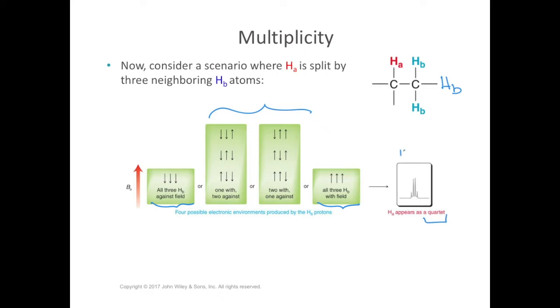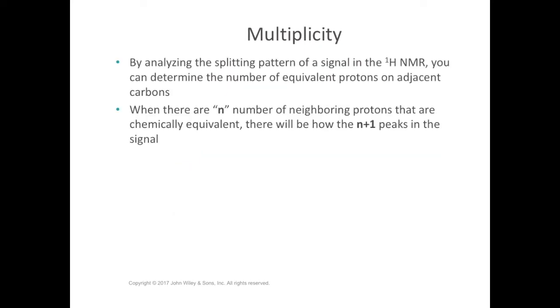Now the height of these peaks is 1 to 3 to 3 to 1. And that's because statistically the distribution is one scenario here, 3 different scenarios for the middle ones, and one scenario for all 3 being with the field. So by analyzing the splitting pattern of a signal, you can get information about the number of neighboring equivalent protons on adjacent carbons.